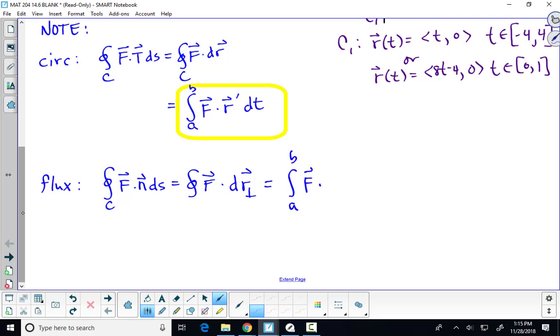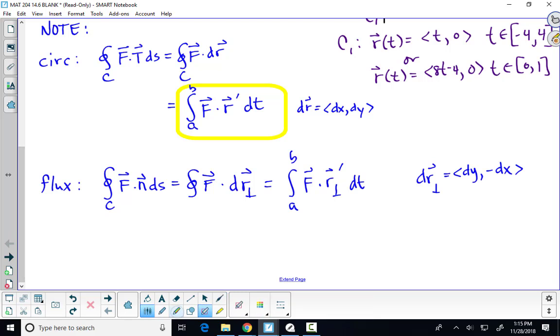So it's F dot r prime perp, with the understanding that we are switching the sign on the first or second component? Second component. Up here at the circulation one, your dr is dx comma dy, but down here with this one, that dr perp is going to be dy comma minus dx.